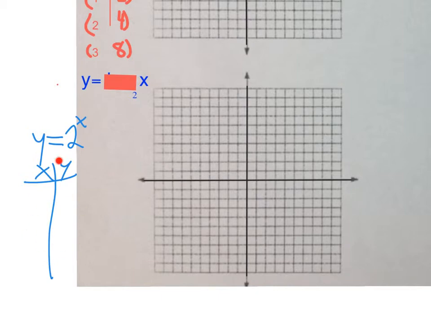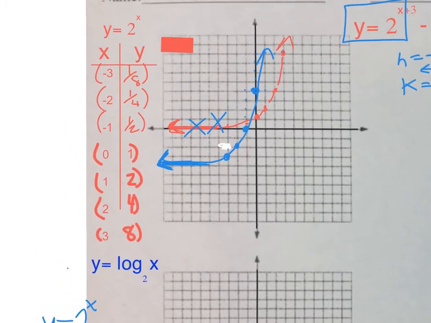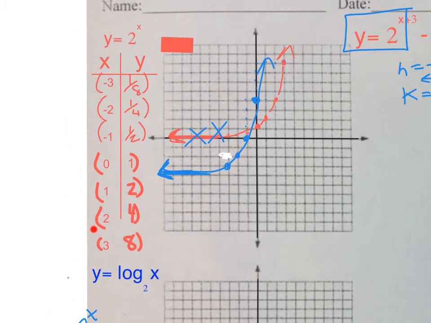But these coordinates are only going to be the coordinates to the exponential function, not to the logarithmic function that we have right here. Okay, so as a matter of fact, we already did y equals 2 to the x, and we got all of these coordinates up here. All of these coordinates are the coordinates to y equals 2 to the x.